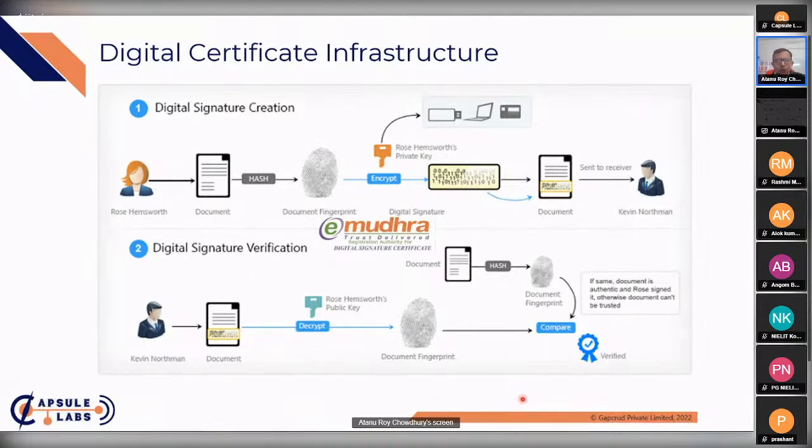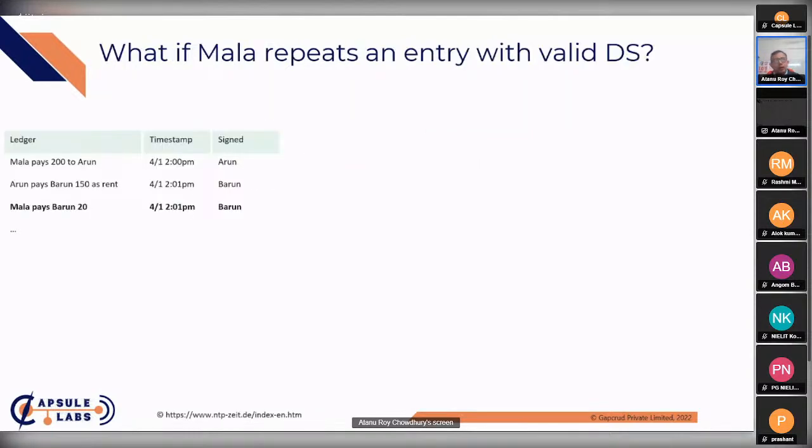So with the digital signatures, I have now solved the problem that for every transaction that is being put in, I can get both parties to agree that they were part of the transaction, right? So how do I stop a replay attack?